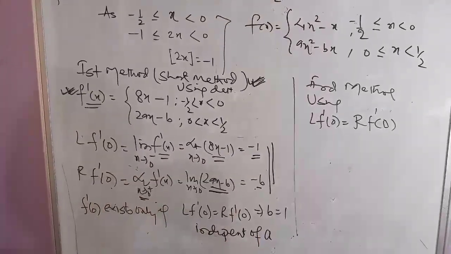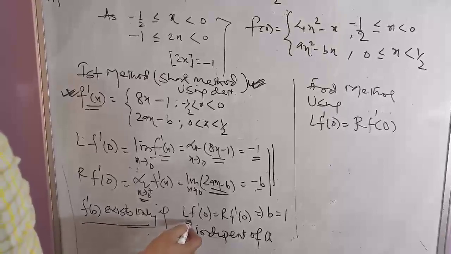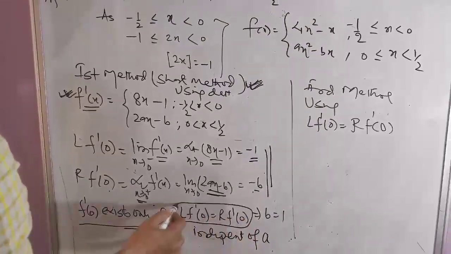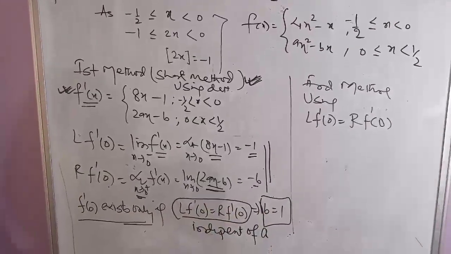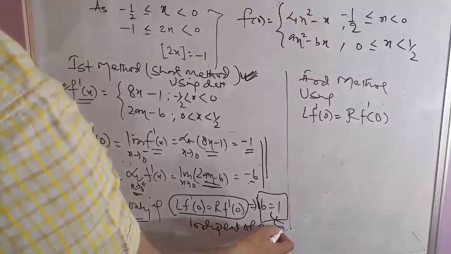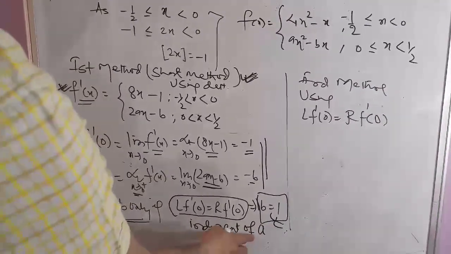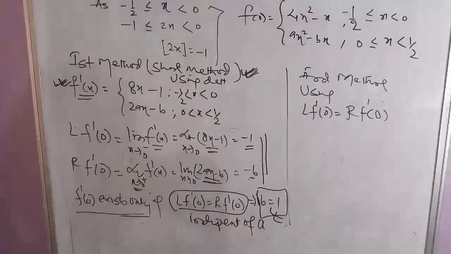Differentiable at x equal to 0 means f dash 0 exists, then L f dash 0 equal to R f dash 0, this will give b equal to minus 1. Here the result is independent of a. So a may be any real number and b is determined.